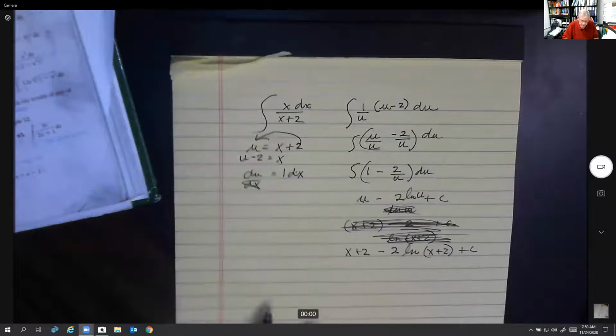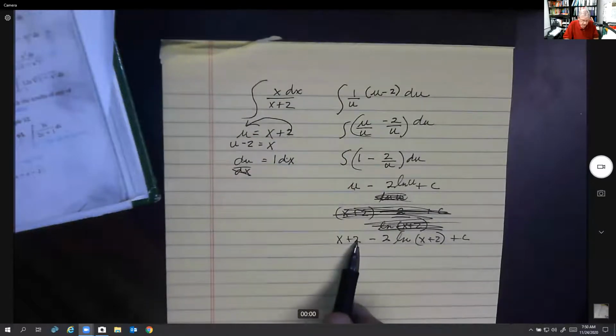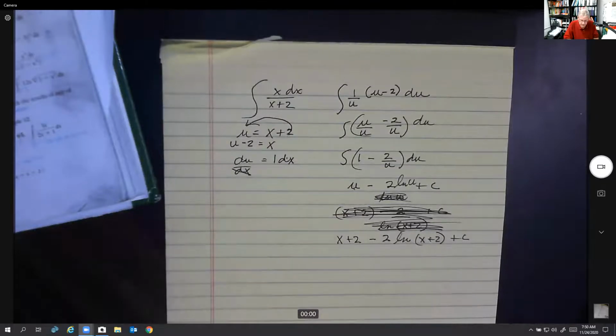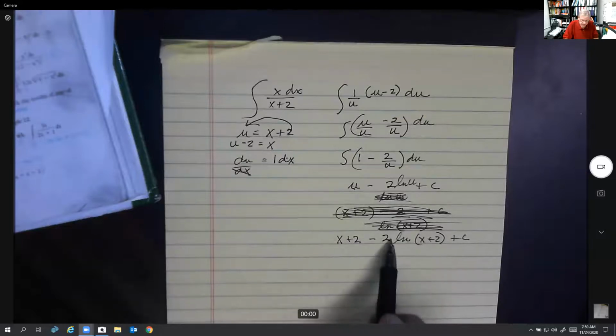Not exactly sure how they got to their final answer. I don't want to spend too much time in here, but this was kind of like u minus 2, which was x. I'm going to leave it like this, x plus 2 minus 2 natural log of x plus 2, because you really can't subtract these two numbers.